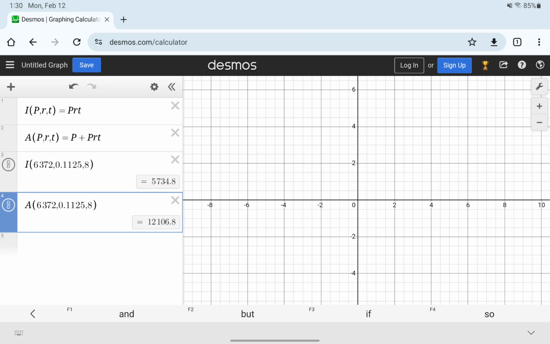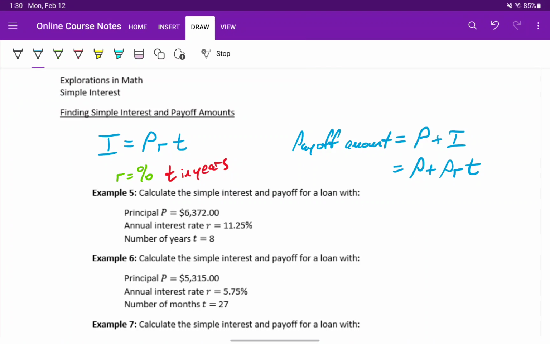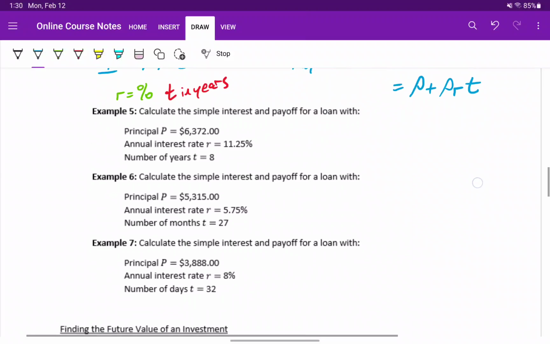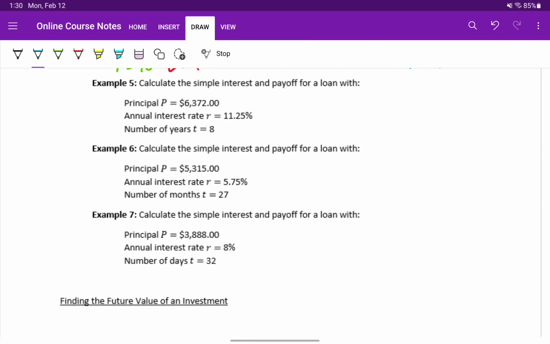The next two examples, 6 and 7, will be very similar. We'll just update those given values, but they have an extra step in here that we need to look out for. In example 5, t was given to us in years, but in example 6, time t is given to us in months, and in example 7, in days.